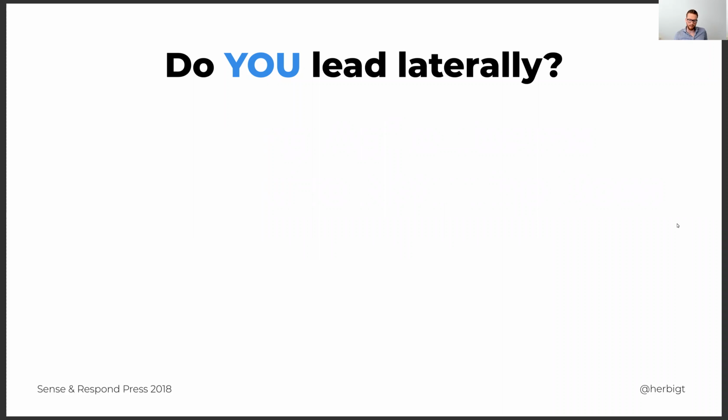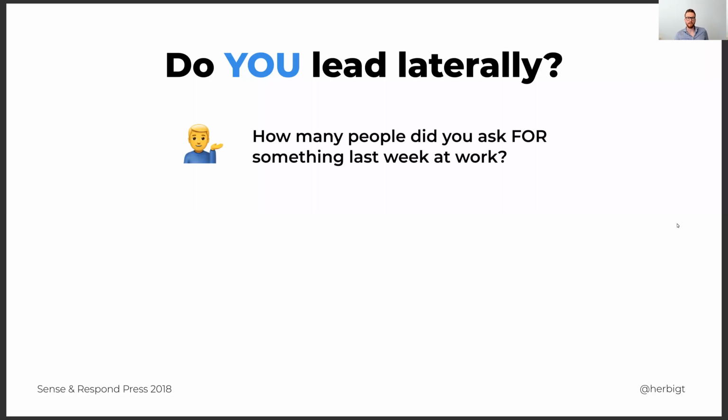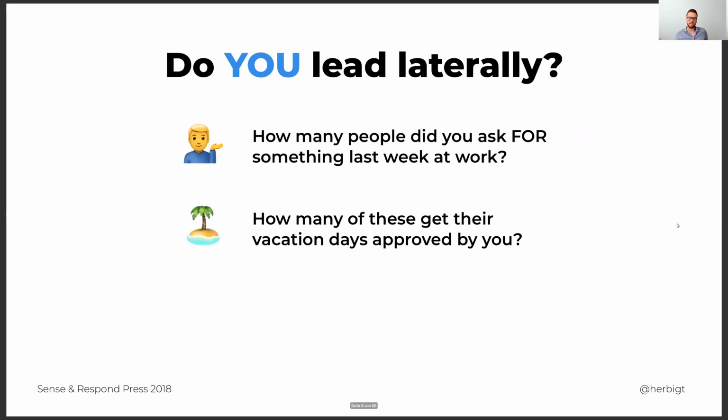And the small test I then put people through is a 3-step process. The first is, how many people did you ask for something at work during the last week? Then they make a short virtual list in their head, coming up with, I don't know, depending on the size of your organization, 20 people. Then I tell them, okay, now cross off everybody from this list whose vacation days you're personally approving.